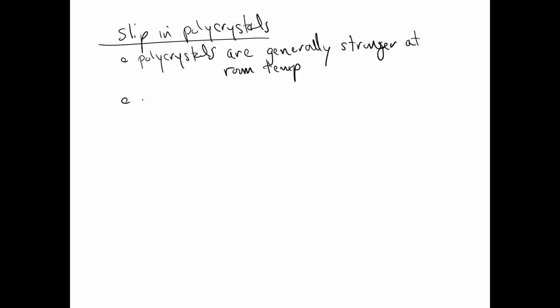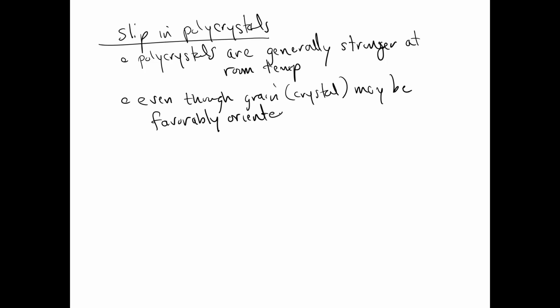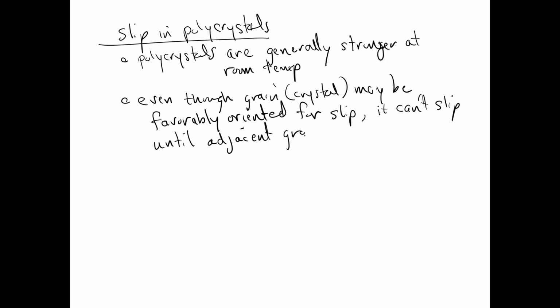And what we're going to say, the reason why, and I'm going to draw a little figure that goes along with this, but we're going to say even though one grain or crystal in the material may be favorably oriented for slip, we can say it can't slip until adjacent grains that are maybe less favorably oriented can slip.